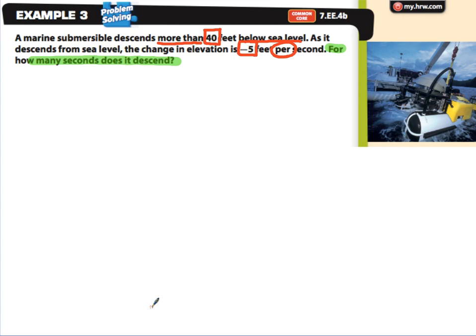So setting up this problem, I know that it goes -5 feet per second. So it's dropping -5 feet per second, which is more than 40 feet below sea level.